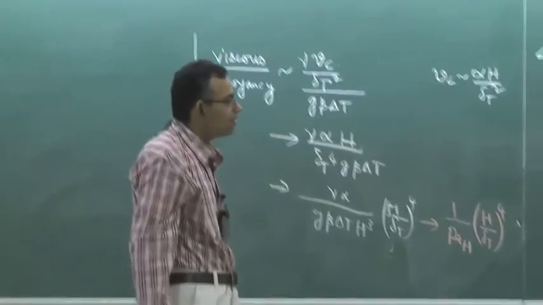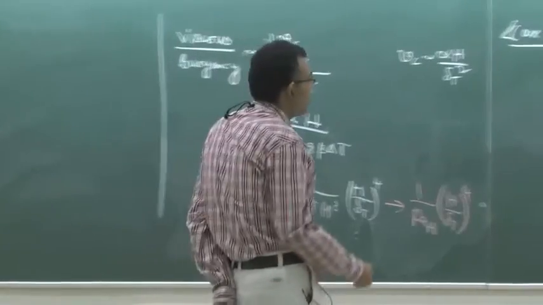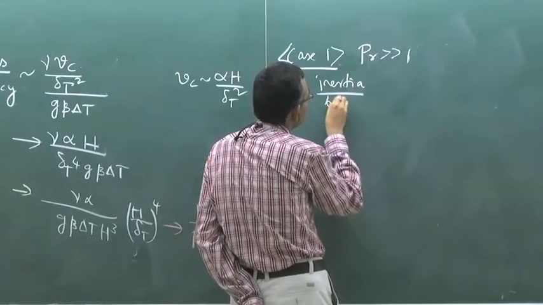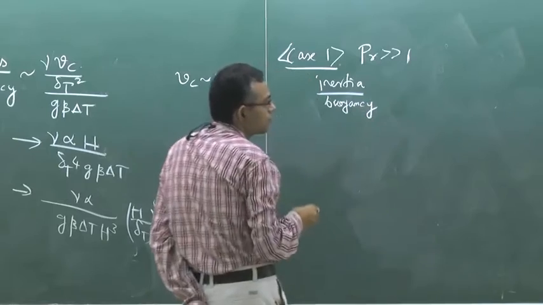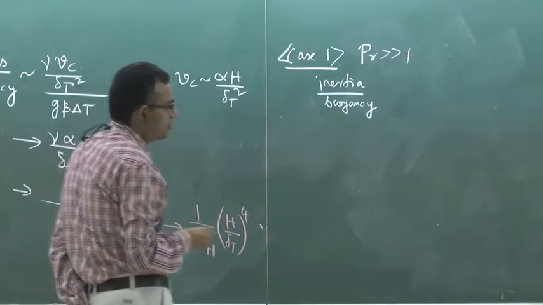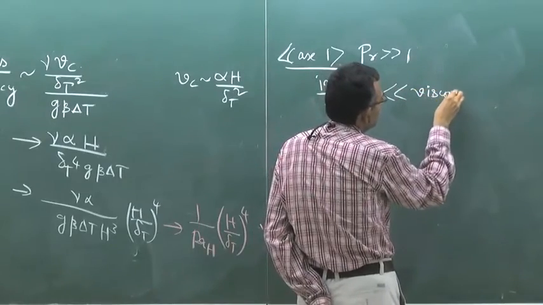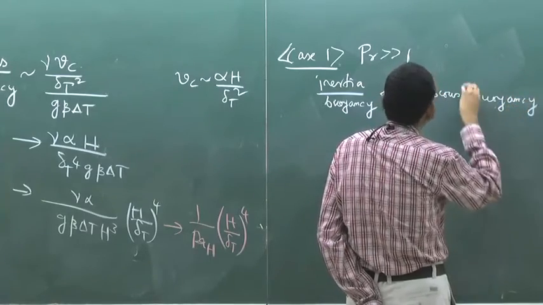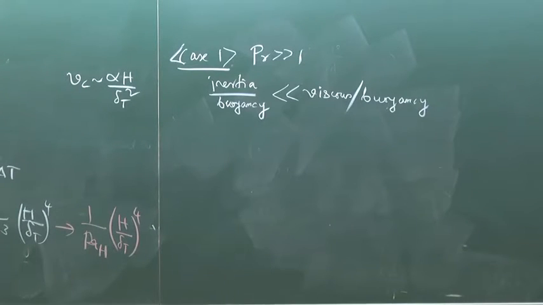If Prandtl number is much greater than 1, then inertia by buoyancy is much less than viscous by buoyancy, right?